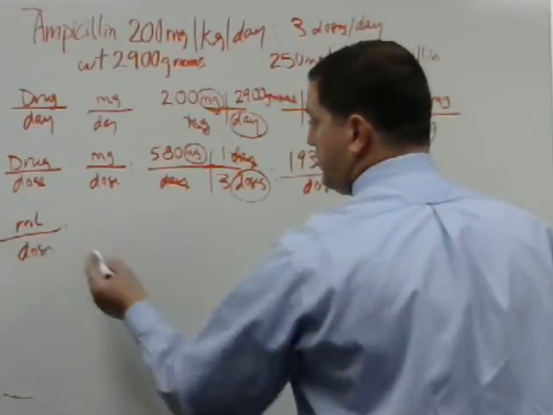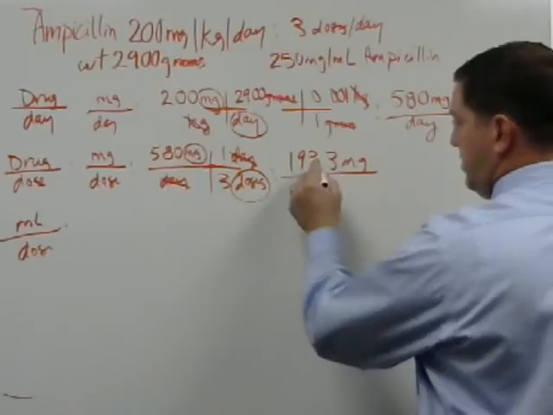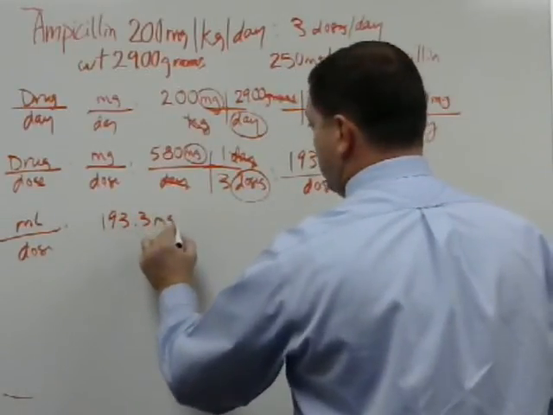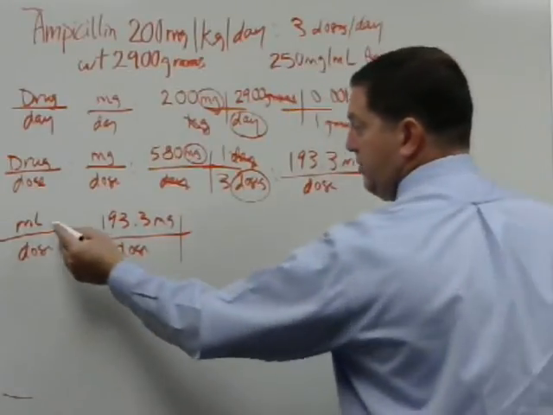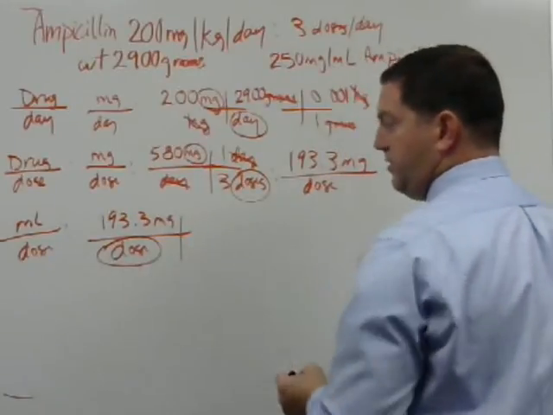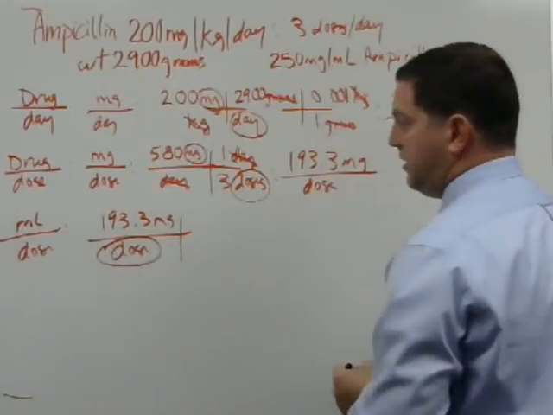So mLs per dose. I bring down dose in my equation: 193.3 milligrams per dose. But I need mLs. I have my denominator identifier, but I don't have my numerator identifier. I need to eliminate milligrams and come up with mLs.